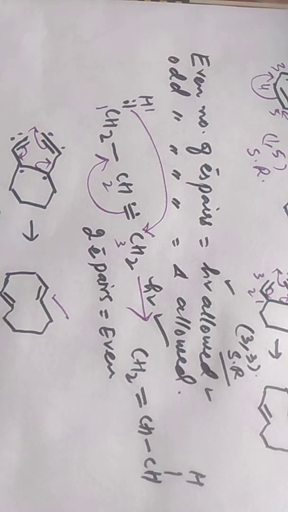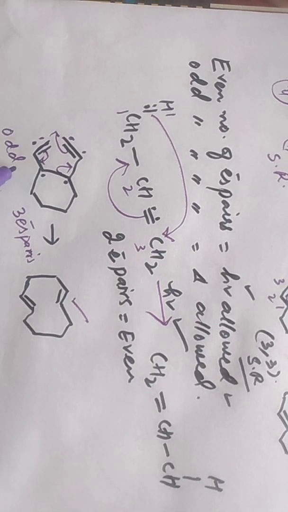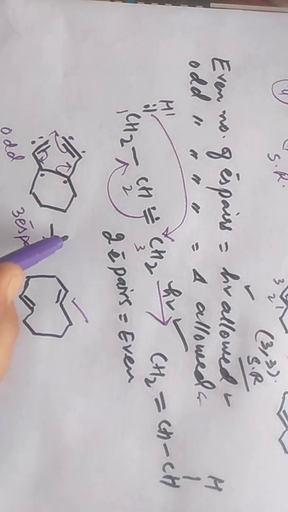It means 3 electron pairs are involved in this reaction. It means an odd number of electron pairs are involved in this reaction, so this reaction is thermally allowed.